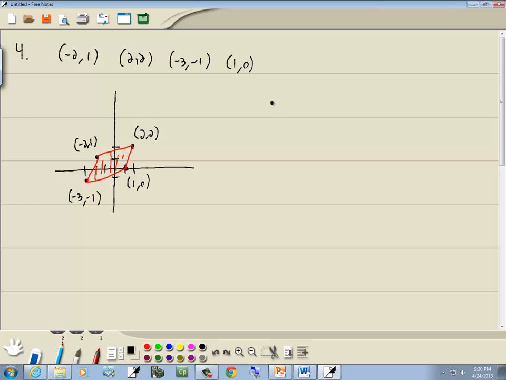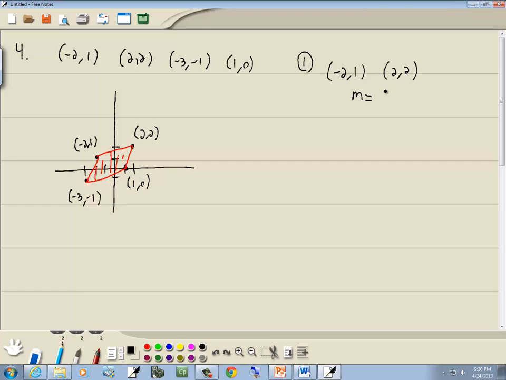Okay. Well, let's first look at these points up here. So we're going to look between (-2, 1) and (2, 2). And we want to find the slope of the line that goes through those. Now we could care less about the b.